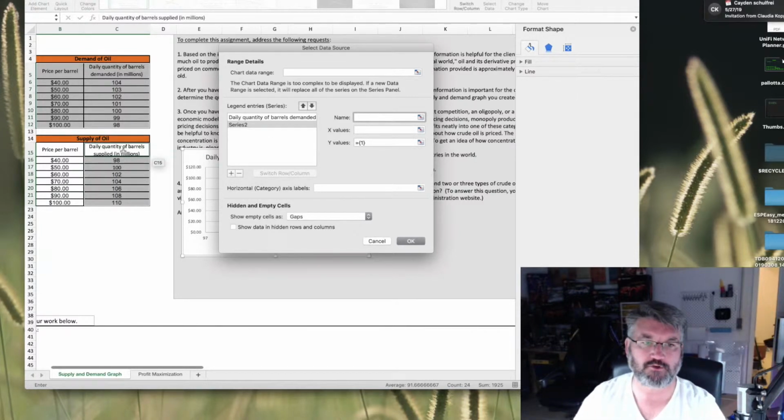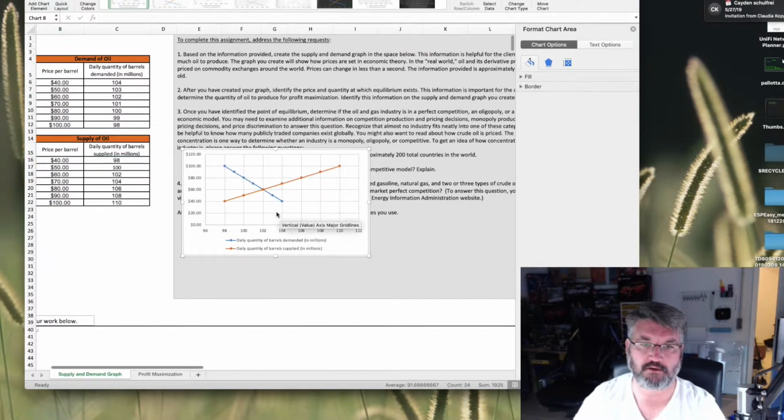Put your cursor in Name and click on cell 15C, which puts the name in there, and then the X values, which are the 98 through 110, and the Y values, which are the prices. Once you do that and hit OK, you'll have your X, Y values for both supply and demand. In this case, your equilibrium is $60 per barrel at 102 barrels. So that's that graph.